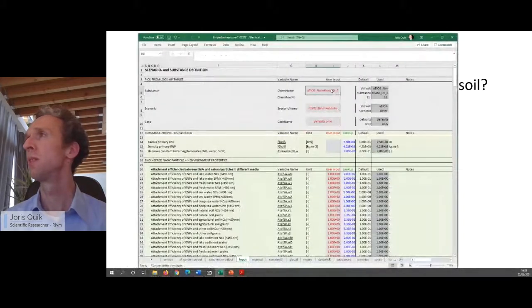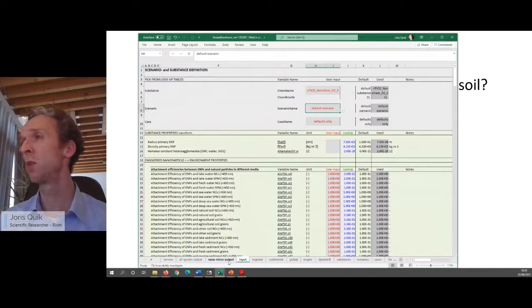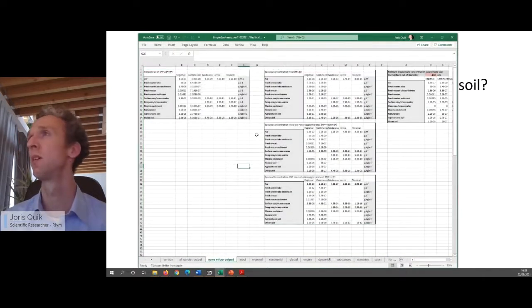First you select the chemical itself, which in this case is the titanium dioxide particle from the Nanophase project. Then it's very easy, it's just on the default scenario. Then you can see the output in the nanomicro output sheet.